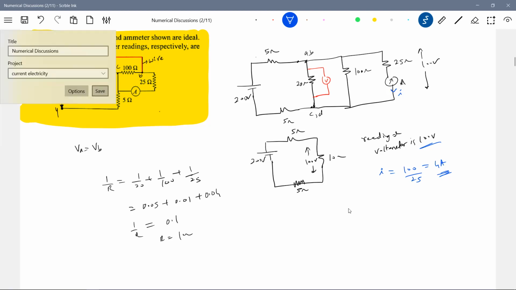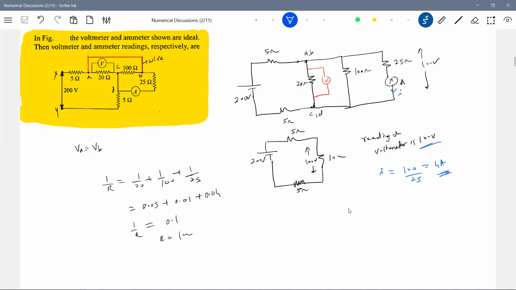Not only for you, even for me also, be extra alert on current electricity. What are the things: series, parallel, then after that the loop method, loop analysis, nodal analysis, Wheatstone network, equipotential, symmetry.